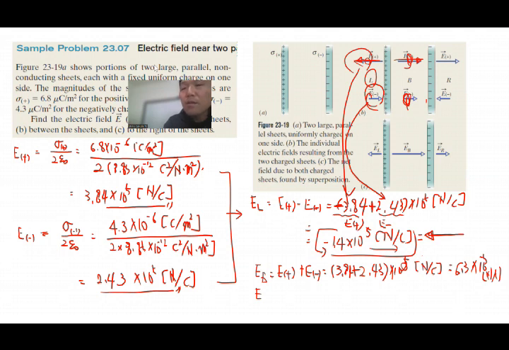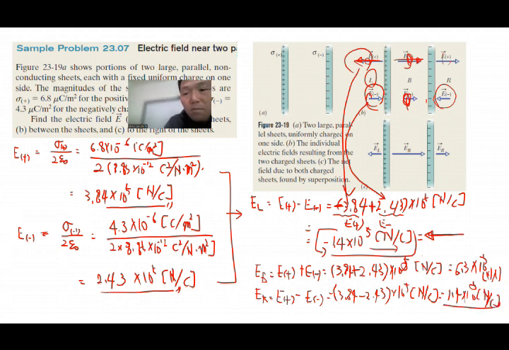So you have to subtract the negative plate's field from the positive plate's field. That is E plus minus E minus: 3.84 minus 2.43 times 10 to the 5 Newton per coulomb, which is 1.4 times 10 to the 5 Newton per coulomb.